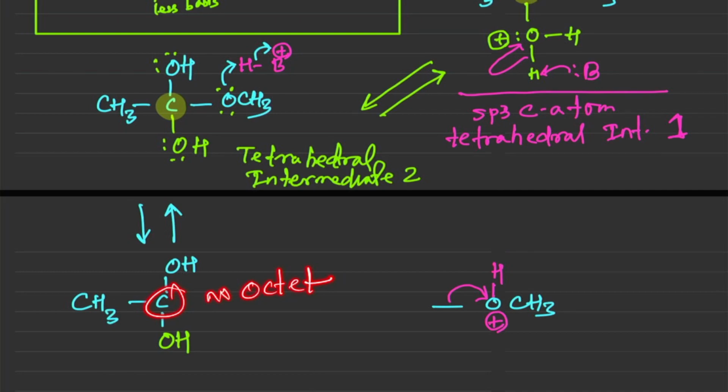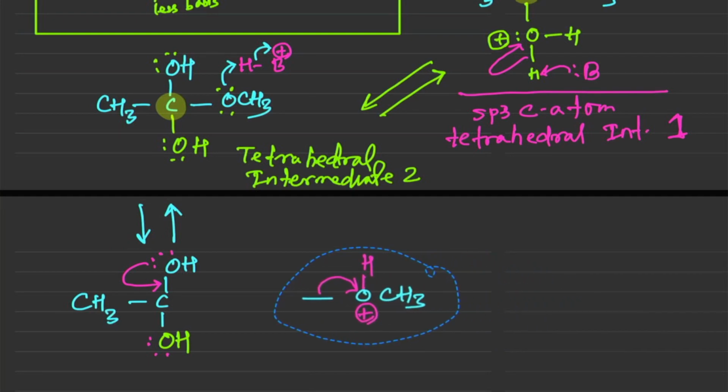So when you don't have an octet anymore, what happens is one of the oxygens will immediately provide a lone pair. Technically it's a resonance structure, so both of the oxygens can provide, but for mechanism purposes, I will just move one of the electrons here to maintain the octet.